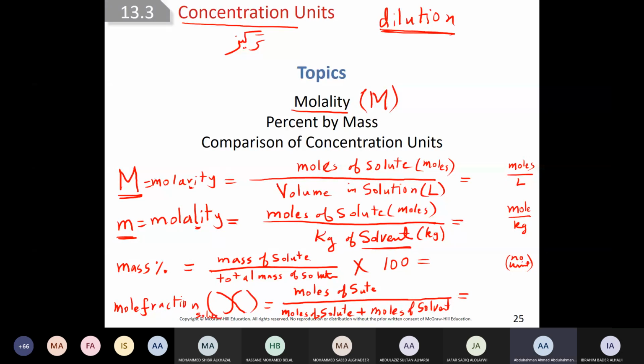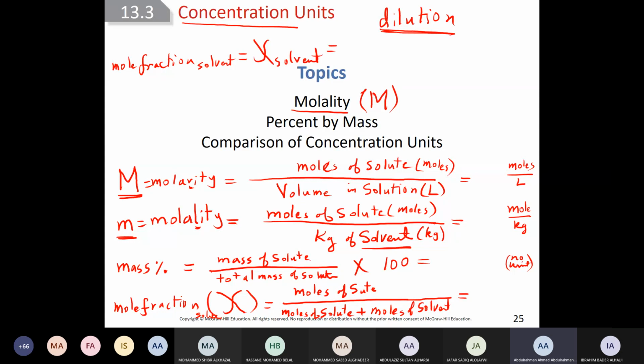Can you give me what's the mole fraction of solvent? Let's go write it up there. Okay. What's the mole fraction of solvent? I'll call this mole fraction of solvent.